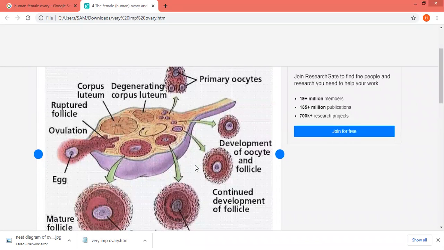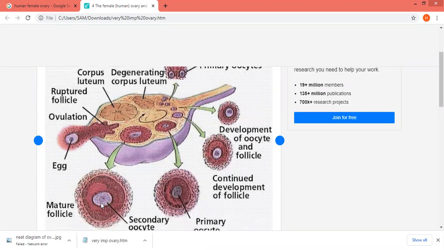Internal structure, we have the primary oocytes, we have the development of oocyte, we have the development of the follicles, and we have the mature follicle having the oocyte inside it. As you can see in this diagram, in this follicle we have the egg, and the rupture of the egg is called ovulation, and the leftover part is called corpus luteum.